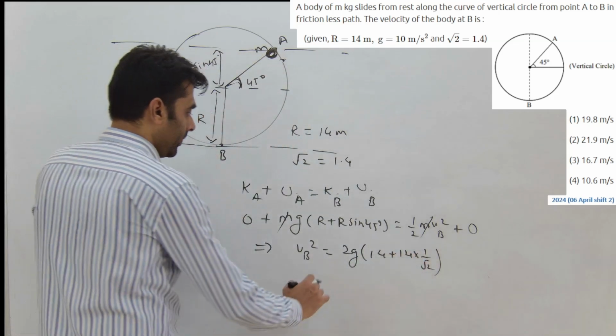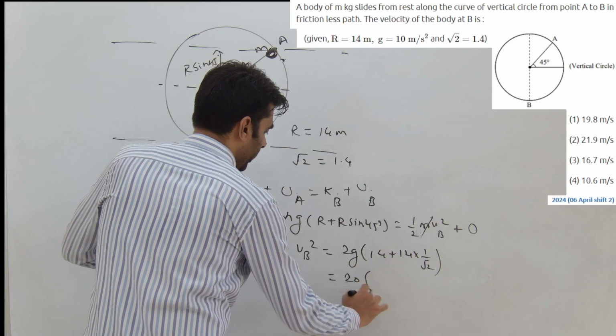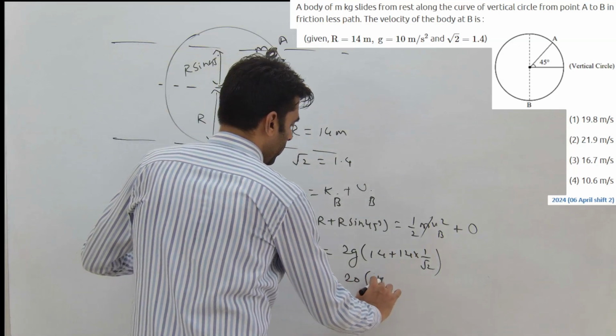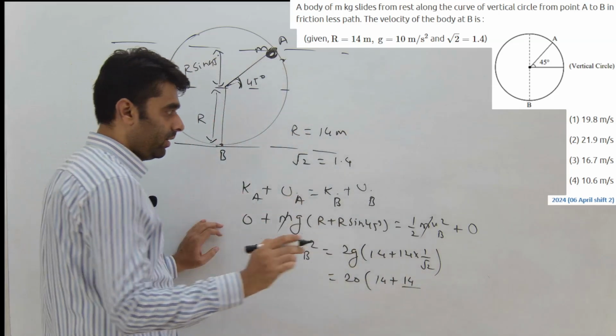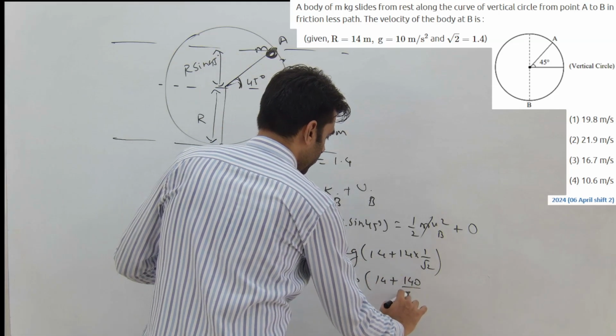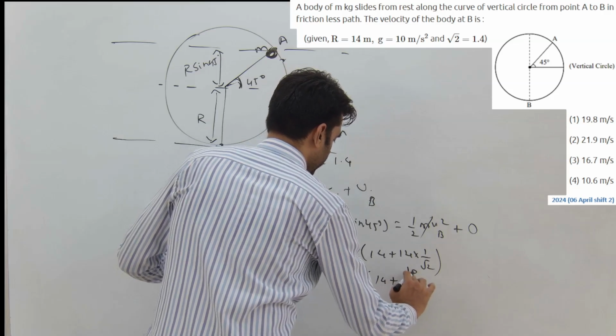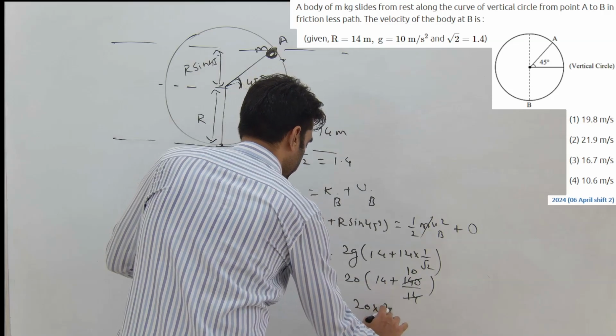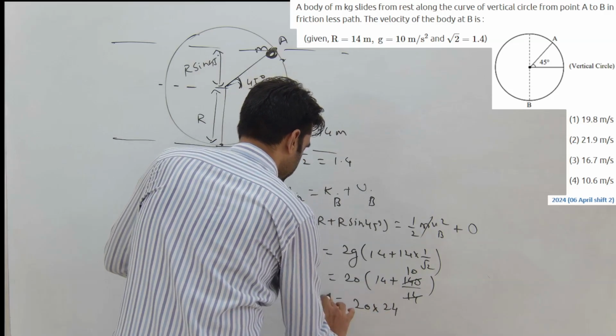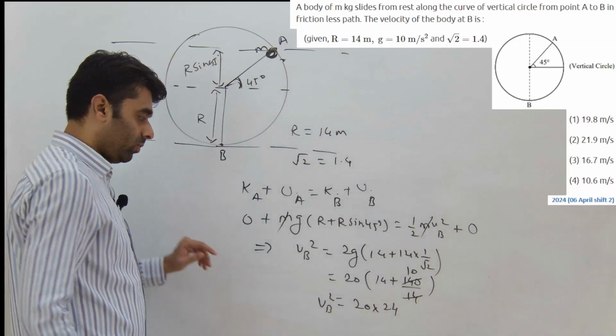Well and good. Let's simplify this. 20 into 14 plus root 2, the value they have given us, take specifically 1.4, so this becomes 14, 10 times 20 into 24, v_B square. This is what we are getting.